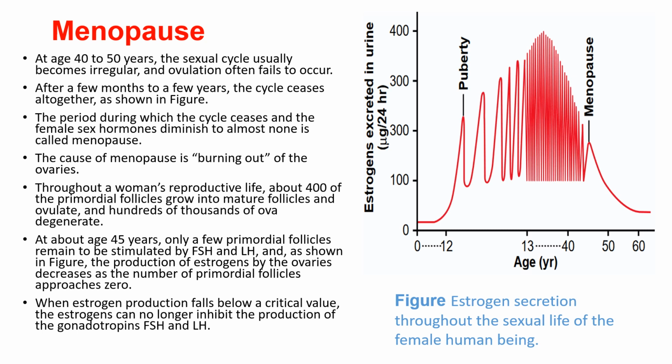At about age 45 years, only a few primordial follicles remain to be stimulated by FSH and LH, and, as shown in figure, the production of estrogens by the ovaries decreases as the number of primordial follicles approaches zero. When estrogen production falls below a critical value, the estrogens can no longer inhibit the production of the gonadotropins FSH and LH.